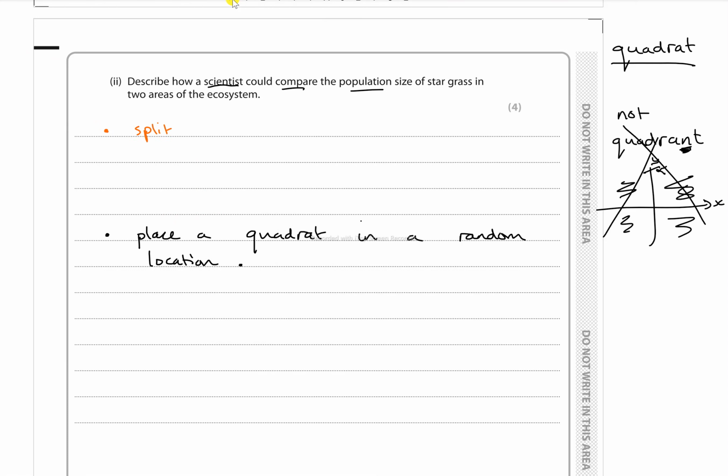Split the field or ecosystem into a grid. Use a computer to generate random grid coordinates.